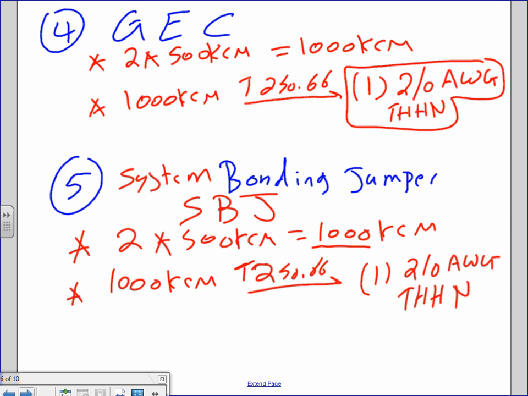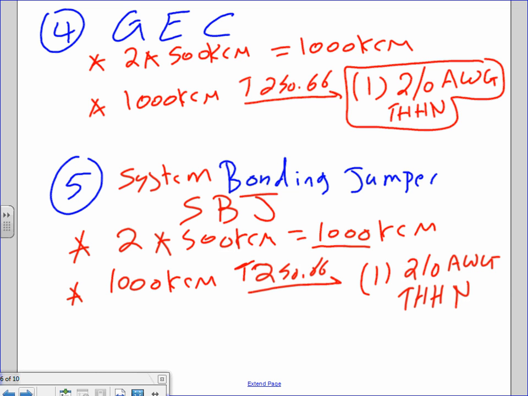For the main bonding jumper, you go to the table as long as you don't exceed 1100 kcmil copper or 1750 aluminum. If you exceed that, it triggers another requirement that you have to use 12.5%. You did the exercise for me. Mine here did not trigger. Tomorrow, yours could trigger this.